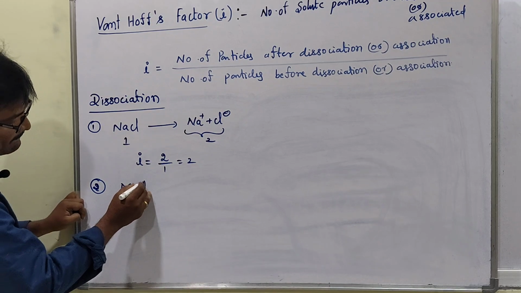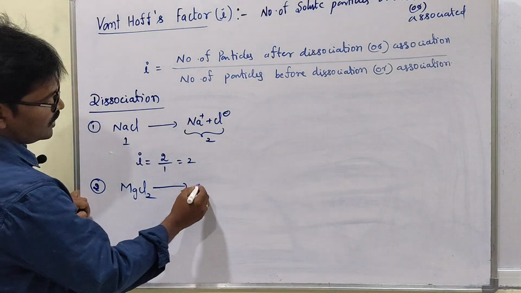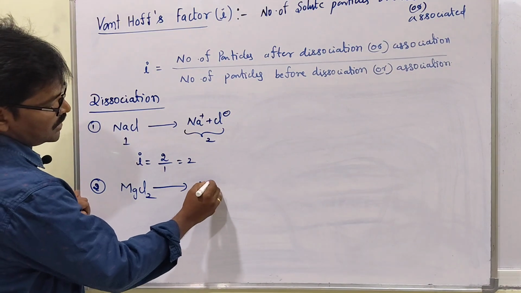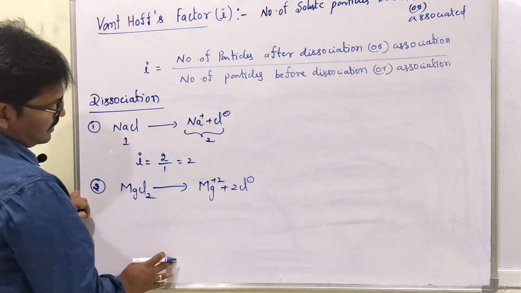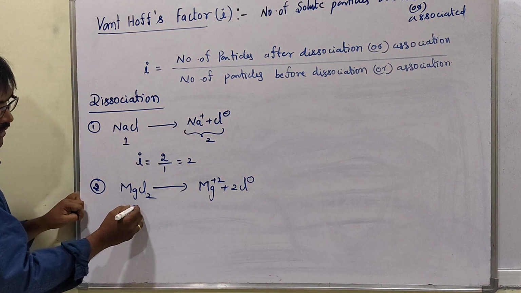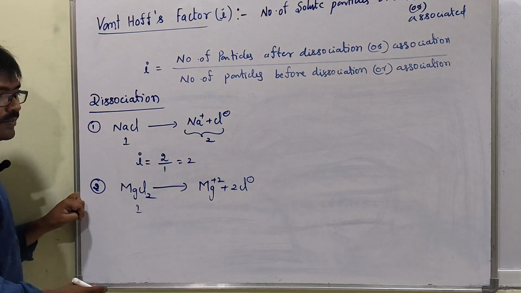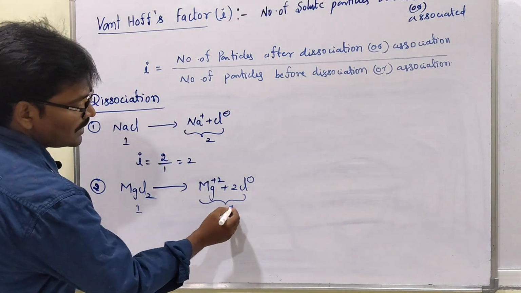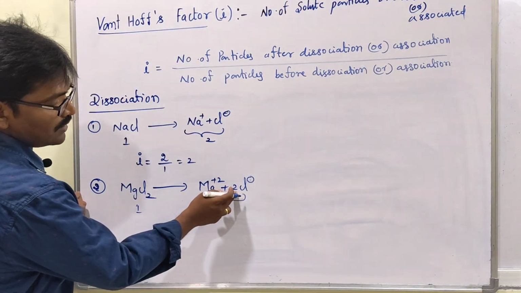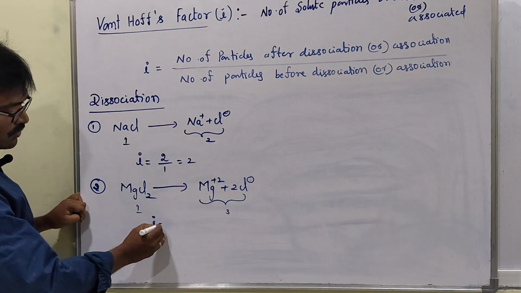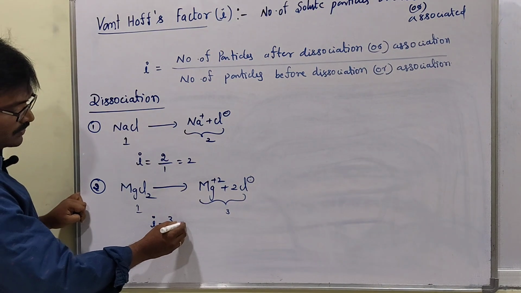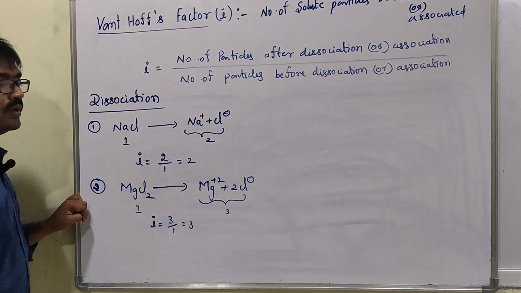Similarly, MgCl2 dissociates into Mg 2 plus and 2Cl minus. Before dissociation, one particle. Here the total number of particles is 3: 2 Cl minus and 1 Mg 2 plus. So i equals 3 divided by 1, which is 3.